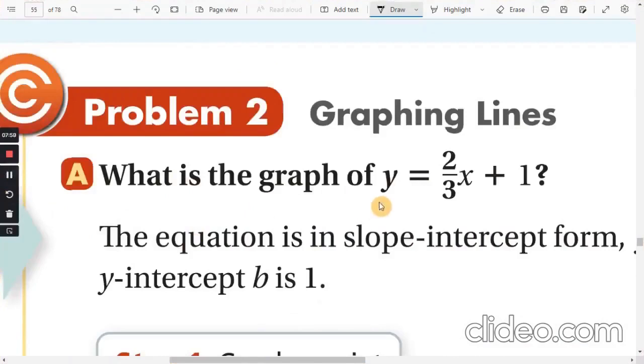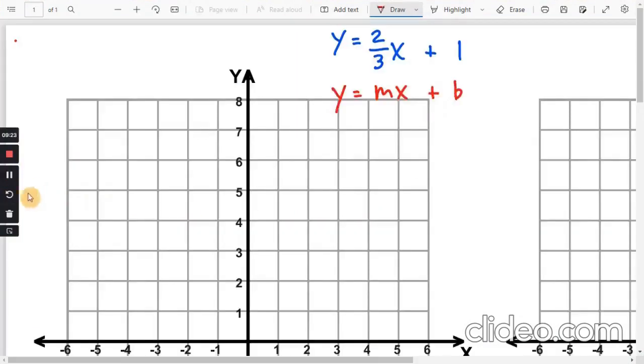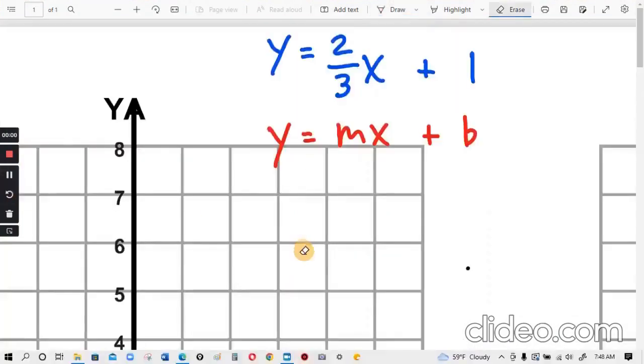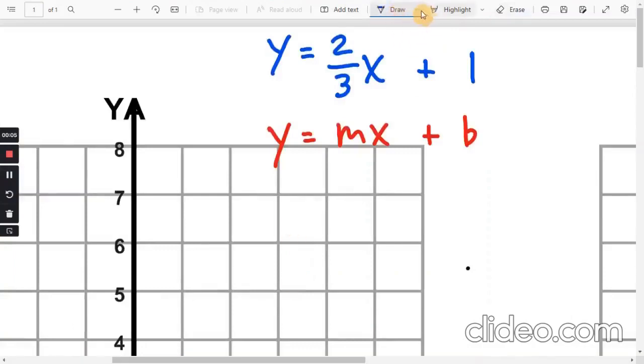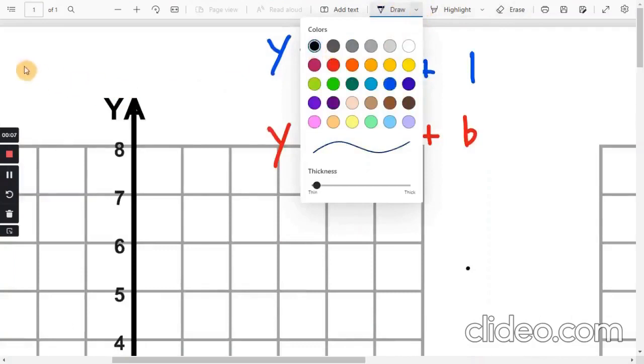Okay, problem 2, what is the graph of y equals 2/3 x plus 1? So why don't you try that on your graph paper, please? So we can see this equation is in the form of y equals mx plus b.